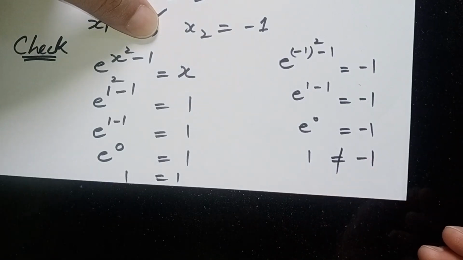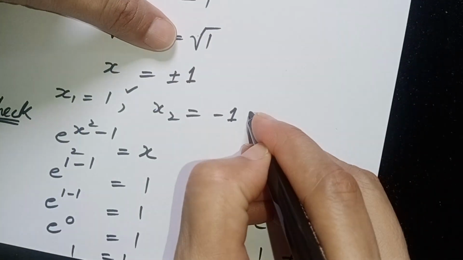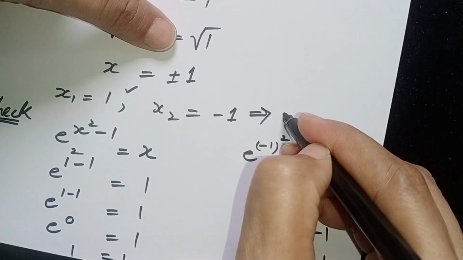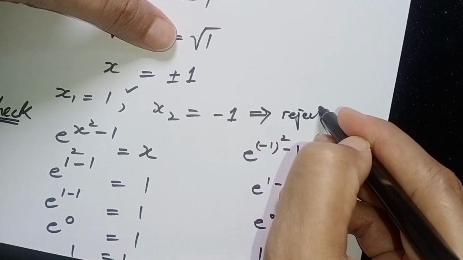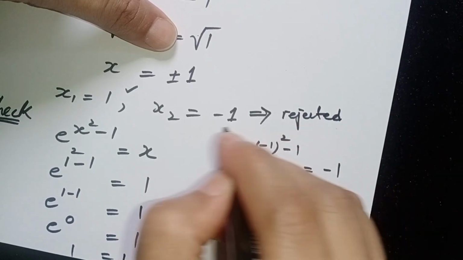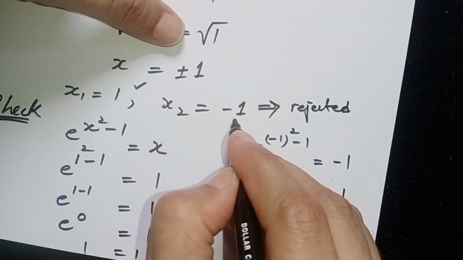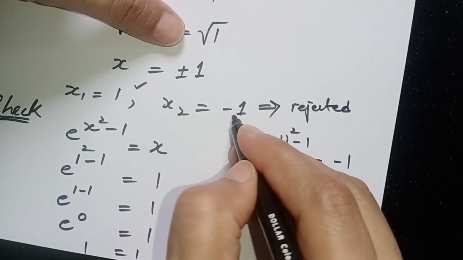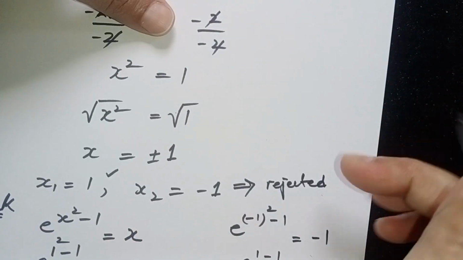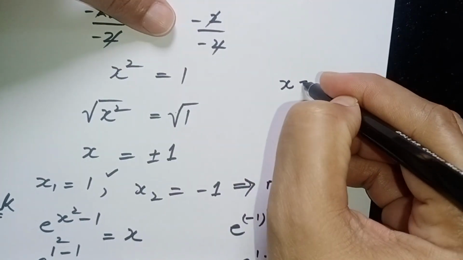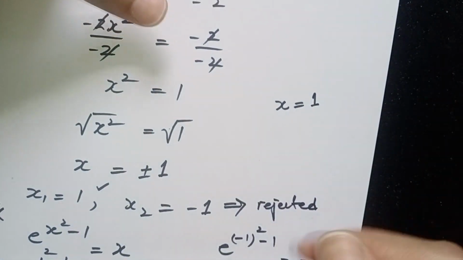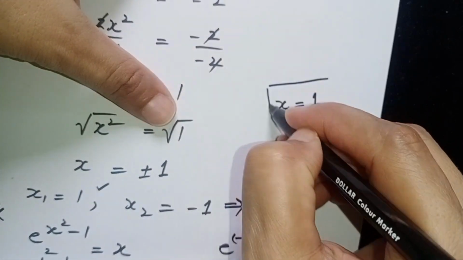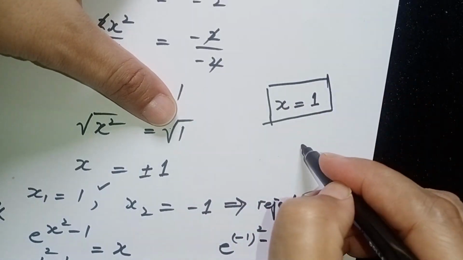So these are not equal, and we are going to reject this value. This value, x2 equals minus 1, is rejected. So our required value is x is equal to 1. This is our answer.